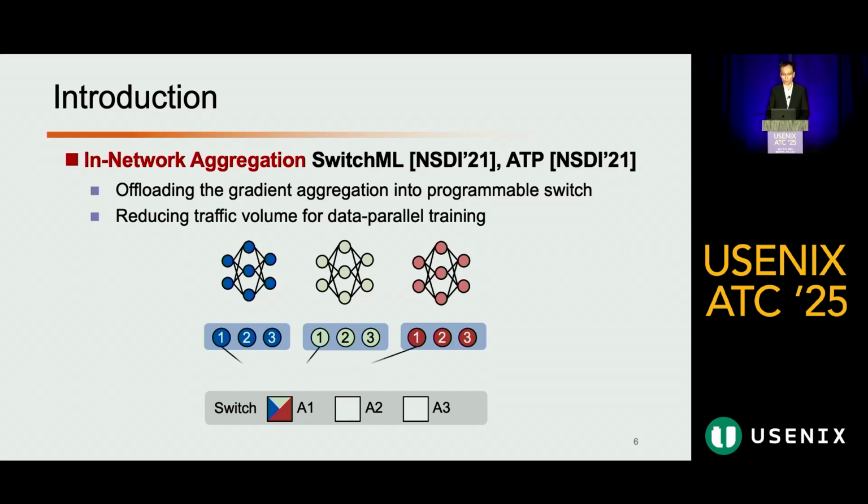Now, recent work like SwitchML and ATP in USENIX NSDI 2021 shows how in-network aggregation can boost distributed learning. The switch memory is set up as an array of aggregators. Gradients with the same key or sequence number from different workers, GPU servers, go to the same aggregator.